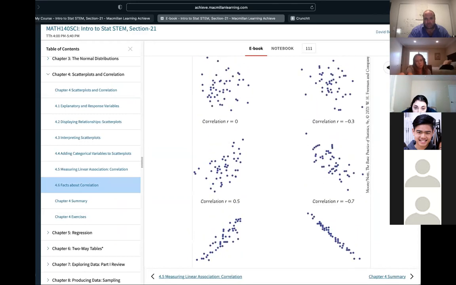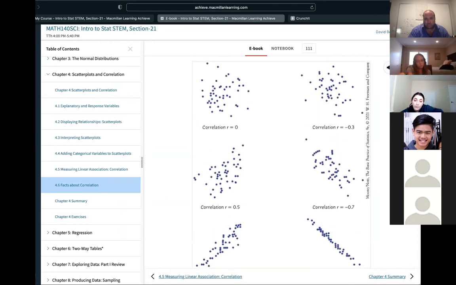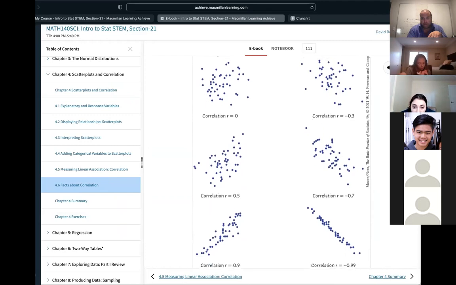Okay, so here we have 6 scatter plots, and their correlation coefficient is provided with them. So first, if we look at the 2 on the bottom left, do we agree that their coefficient should be positive? If you had to associate that with a line, do you agree that that line would be moving upwards as you go left to right?